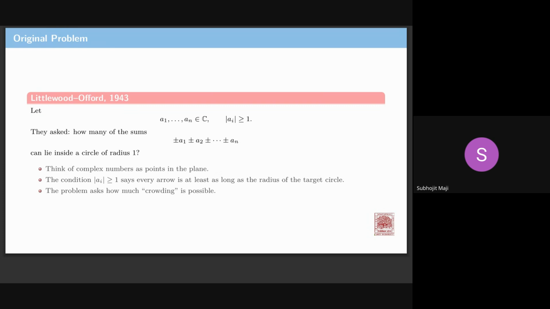We wanted to show it for the complex case, and then came Kleitman. Kleitman showed it for d-dimensional vector spaces, or in general a Hilbert space, right? A Hilbert space is nothing but a space where you can define the dot product, which is called an inner product space.